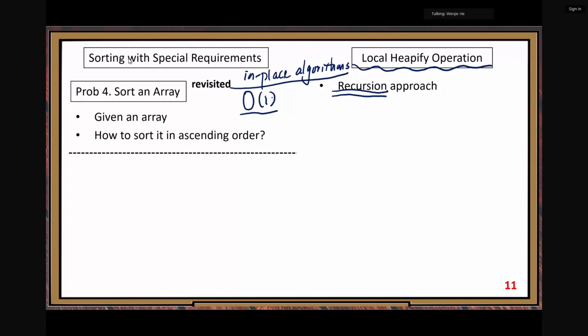Then I said if our algorithm contains recursion, then the extra space used cannot be bounded by a constant, because with recursion there is a stack. You need to use a lot of memory space to store that stack. The stack could be very deep. That's the problem.